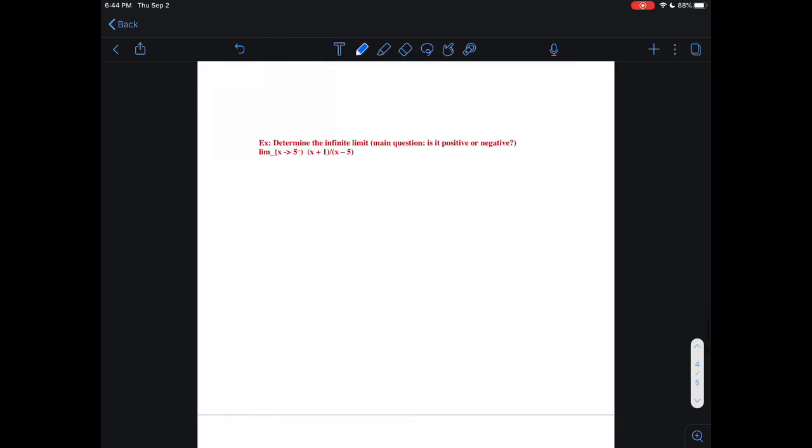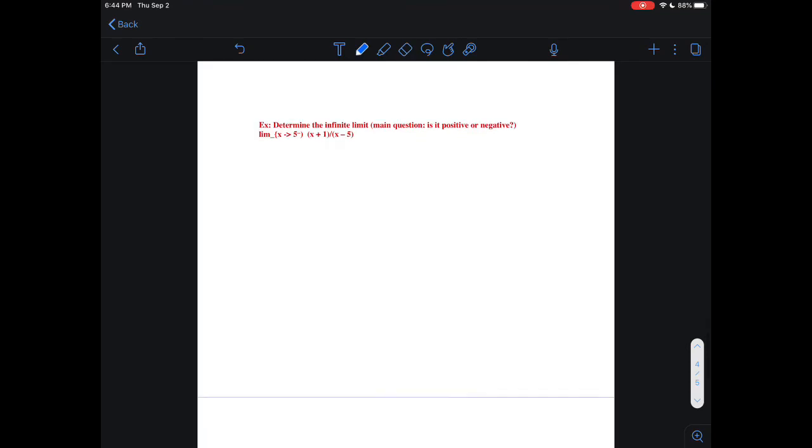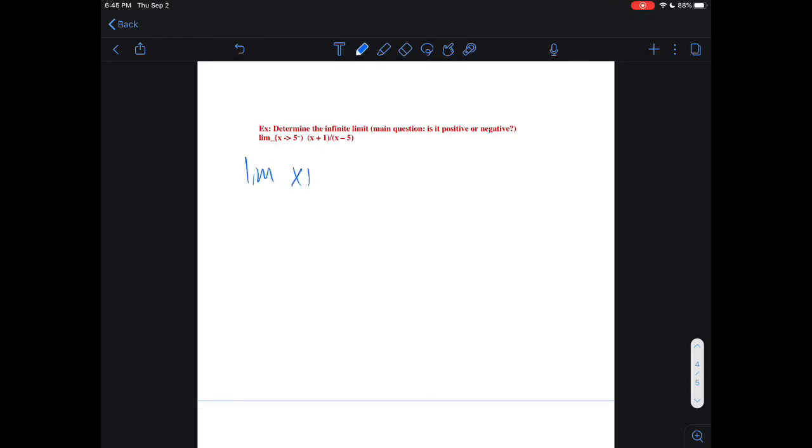So then finally, let's look at one example related to these infinite limits. Determine the infinite limit of the function x plus 1 divided by x minus 5 as x is approaching 5 from the left. And really the main question here is, it's going to be an infinite limit because that was said to us in the example, but is it positive infinity or negative infinity?